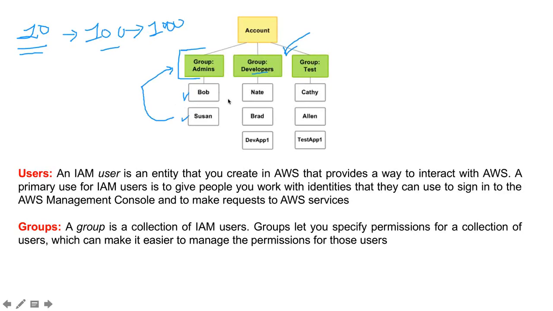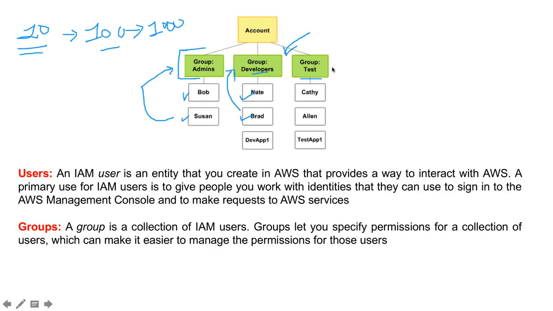Once you attach the policies to the group and you hire individuals like Nate and Brad in your organization, you simply assign them to the group called developers. As you hire more developers, you can simply assign them to the group so that all these people get the same level of permissions.